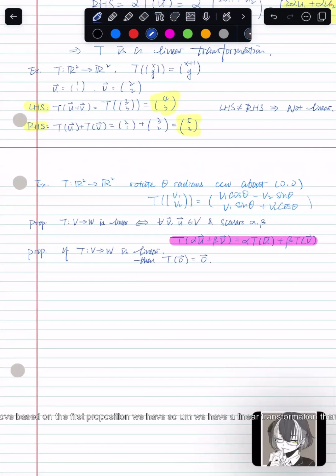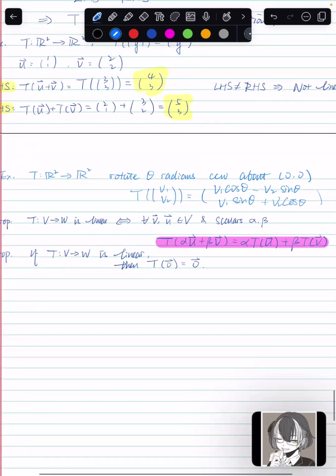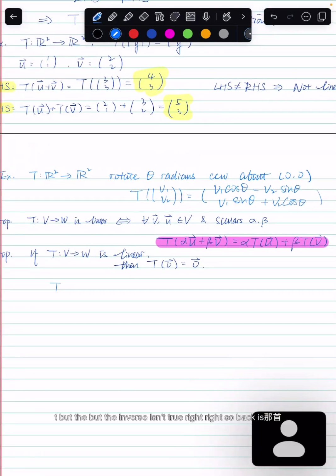And we can prove this based on the first proposition we have. We have a linear transformation, but the converse isn't true.